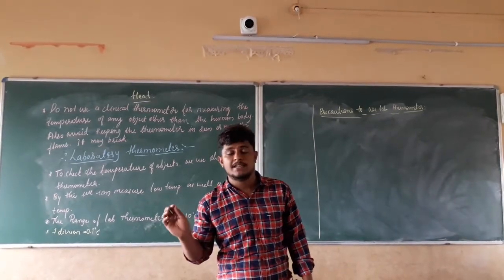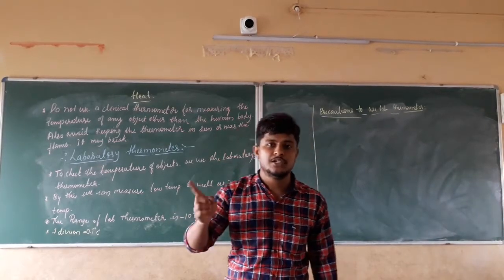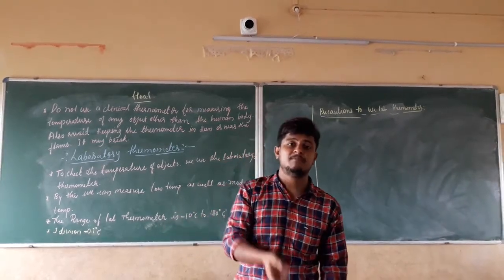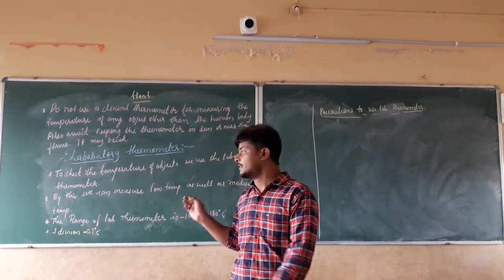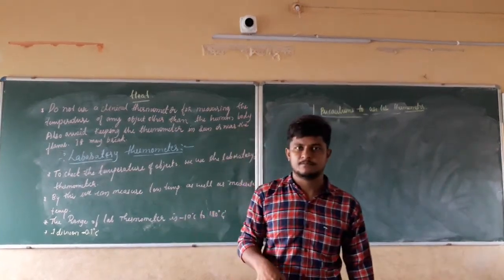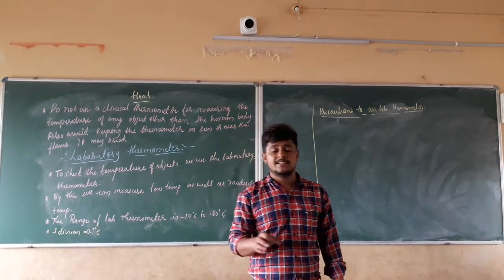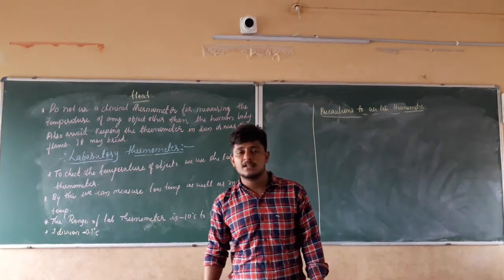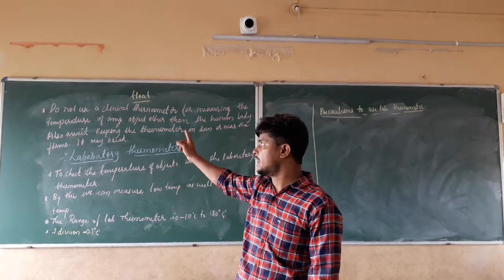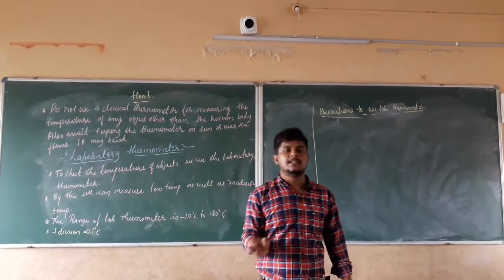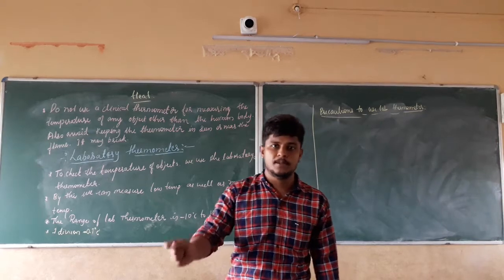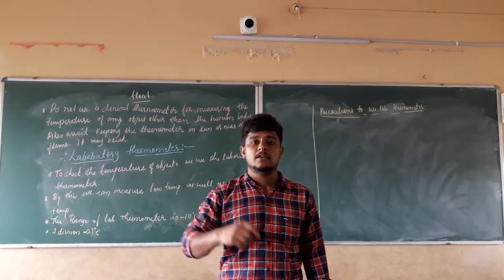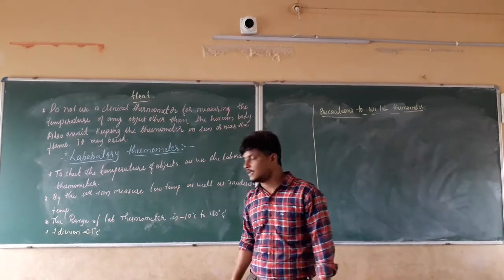If the temperature exceeds 42 degrees Celsius, there is a chance of the thermometer breaking or getting damaged. If it gets damaged, there will be no use of it. For that reason we use it only to measure body temperature, which will not exceed 42 degrees Celsius.